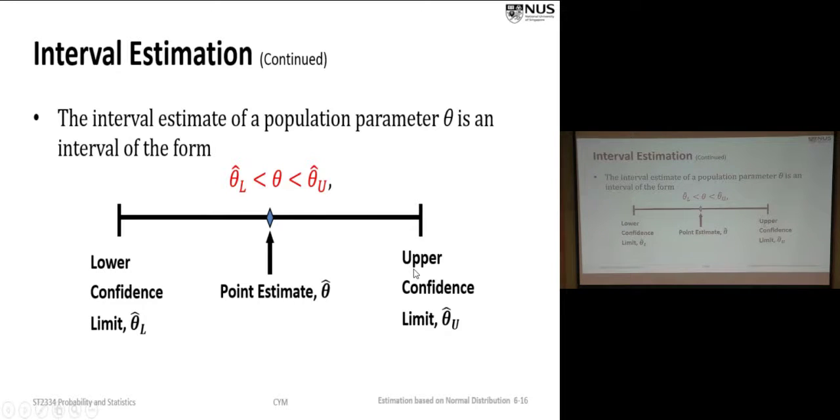But then that's not very useful. When I say good, it's from the point of covering the true parameter. But on the other hand, if I give you a confidence interval, let's say I want to estimate the maximum temperature tomorrow, and I say the maximum temperature in Singapore tomorrow will be between minus 100 degrees Celsius and 100 degrees Celsius.